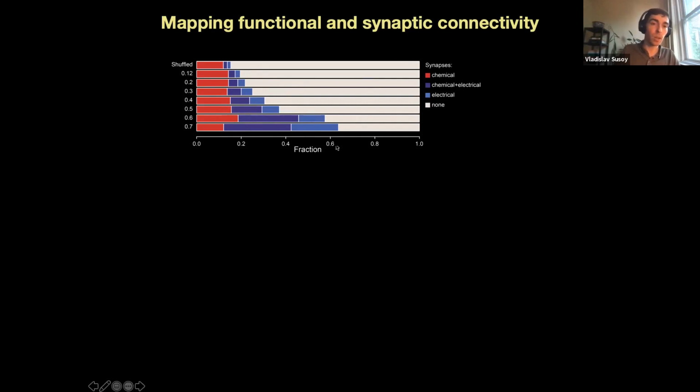And it is only for the very highly correlated neurons that we see most of them start having synaptic connections. And interestingly, electrical connections are overrepresented in this group.